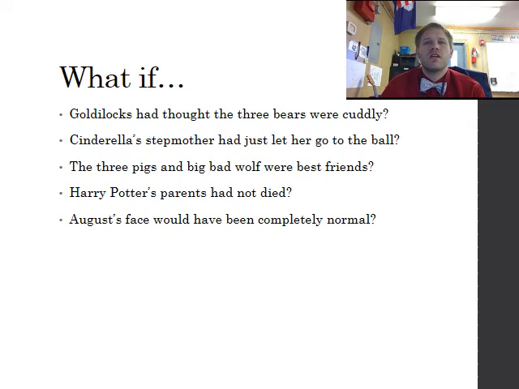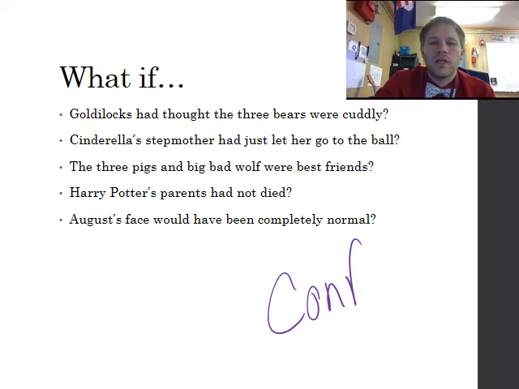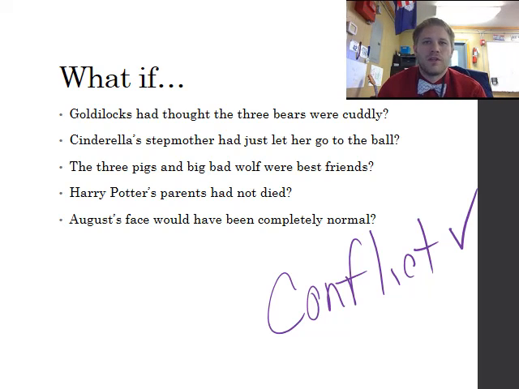Things always seem to go wrong, right? Things always seem to get worse and worse and worse until we reach our climax a lot of times in the story and things start to get a little better. So there has to be conflict. Every story has a conflict to it, a problem.